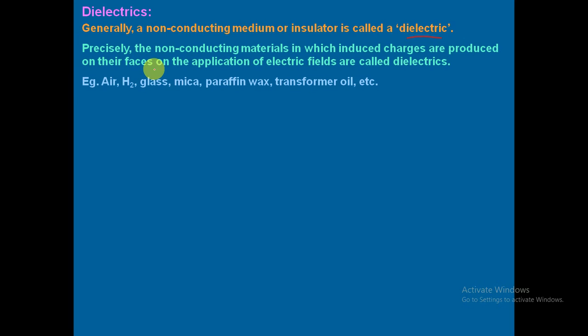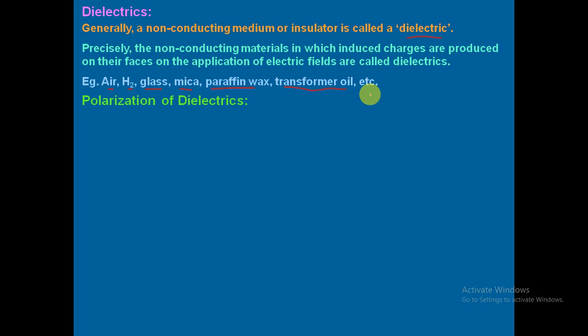Examples of dielectrics are air, H2, glass, mica, paraffin wax, transformer oils, etc. So these are examples of dielectrics.